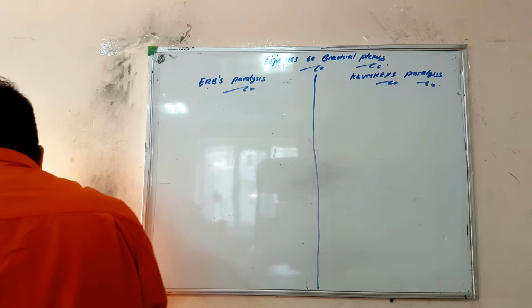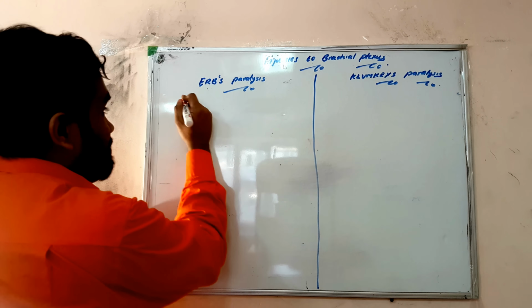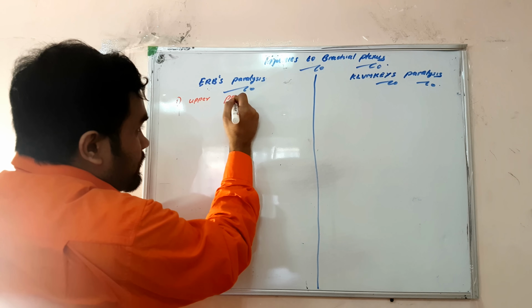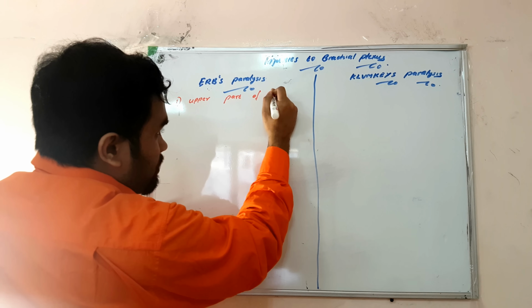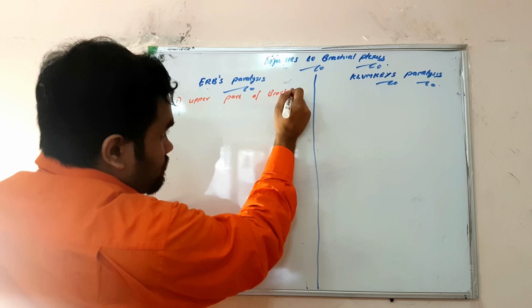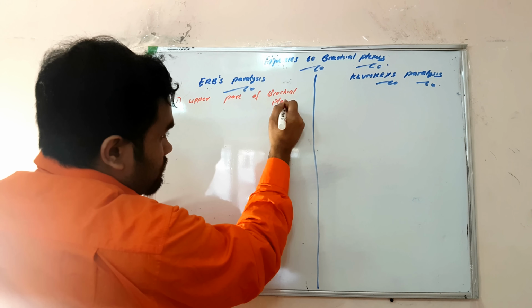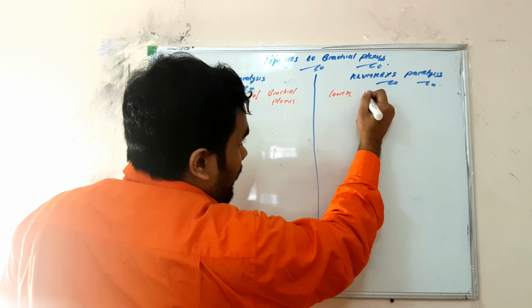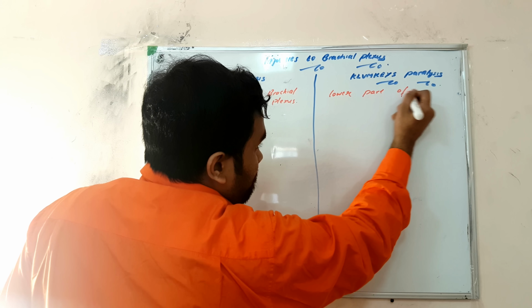Now the first one, in Erb's paralysis, the injury is to the upper part of the brachial plexus. Here it is at the lower part of the brachial plexus.